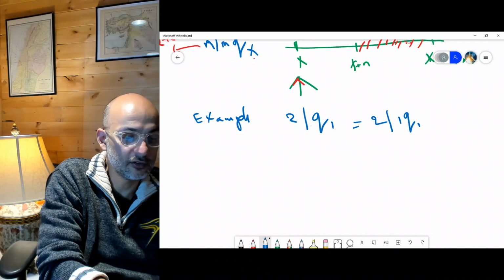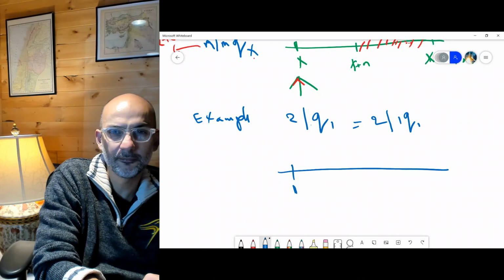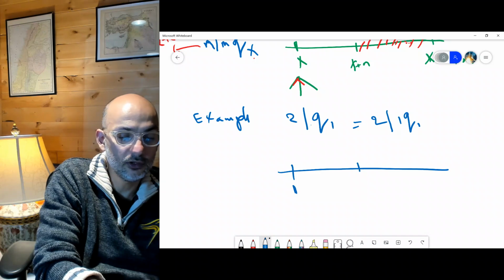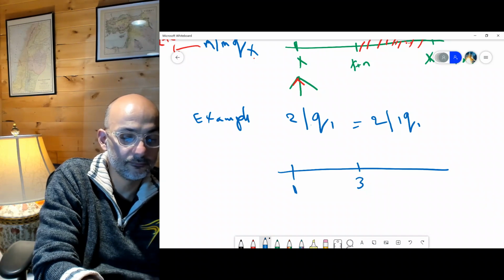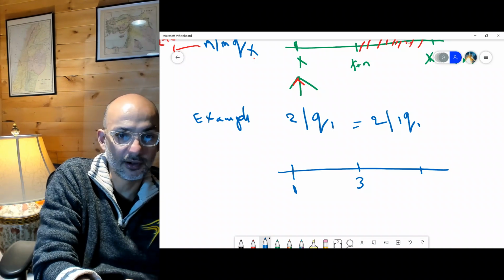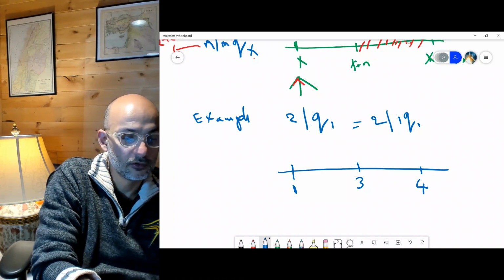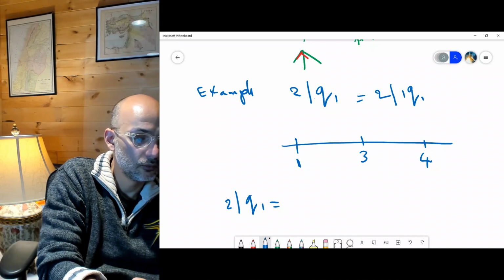If you visualize it, the year of evaluation is year 1. You add to it your n, which is 2 years, so it becomes 3. And then the death occurs the year after, so it will be 4. So 2|q1, we are here.